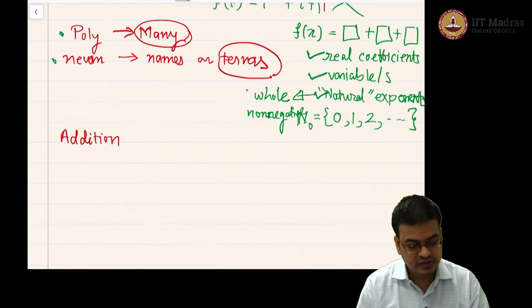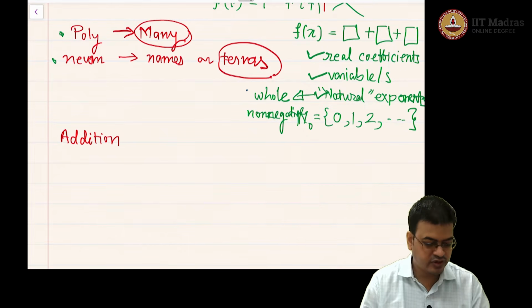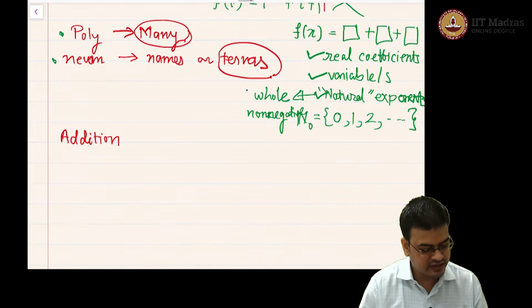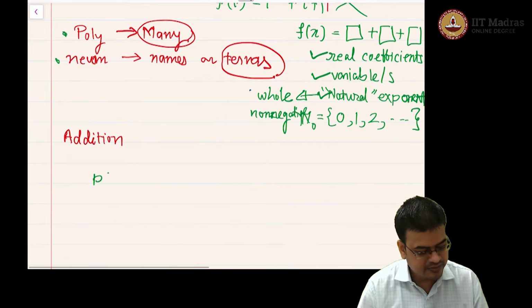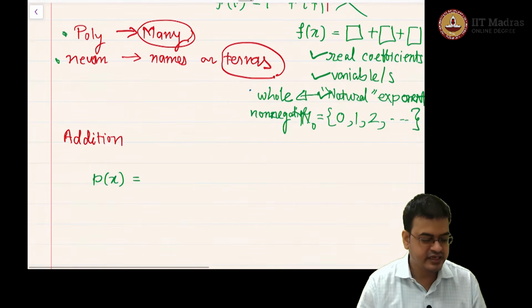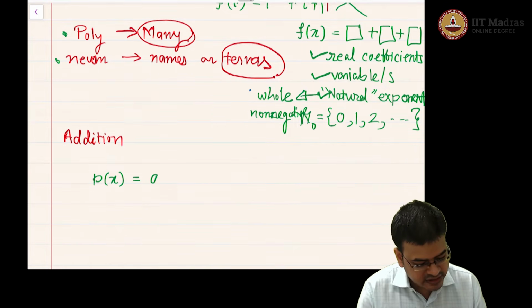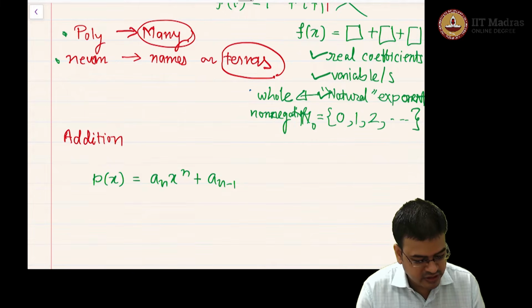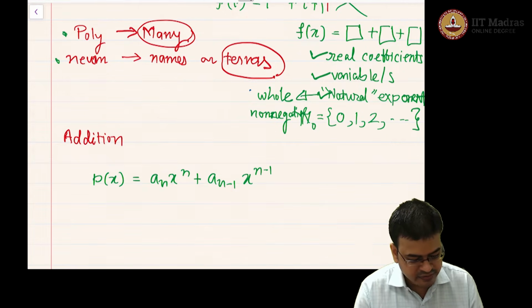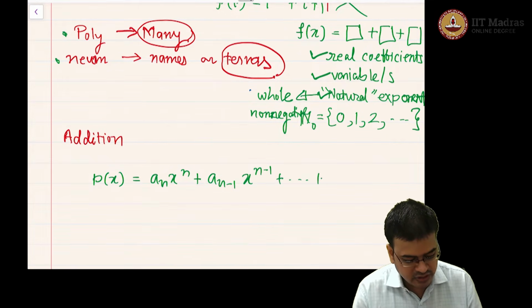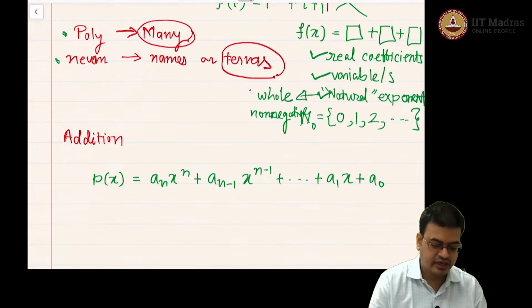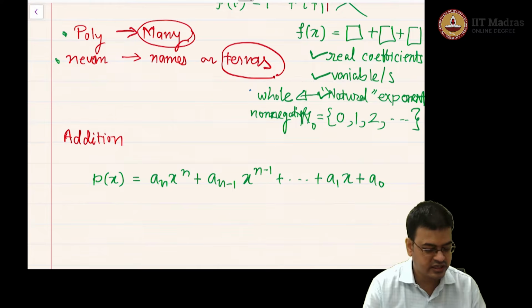Because it's a function f(x), I can write this polynomial as p(x). If it is a polynomial in one variable, which we are focusing on this week, it will be given as a_n x^n + a_(n-1) x^(n-1) and so on up to a_1 x + a_0. a_0 is a constant term, essentially a_0 x^0.